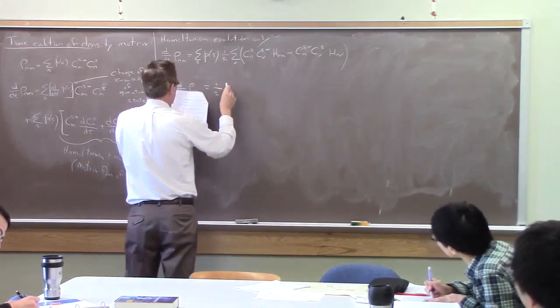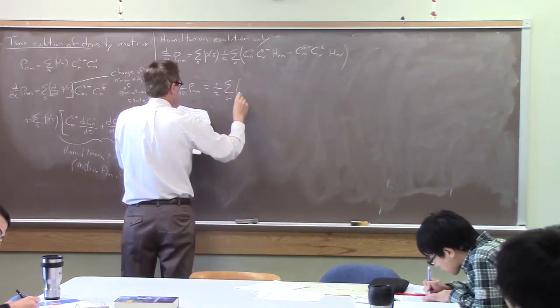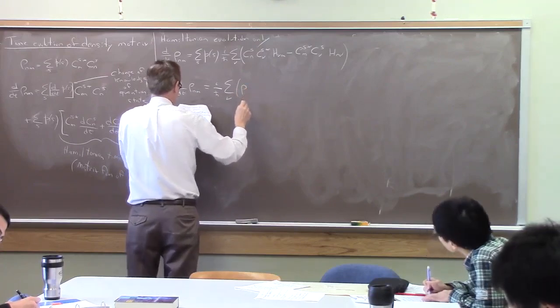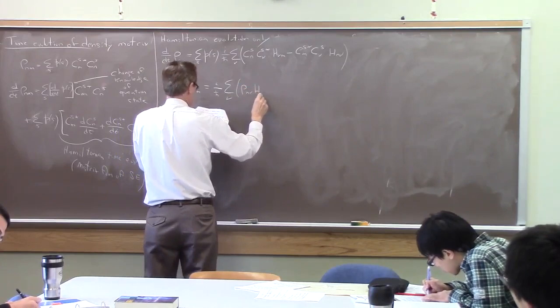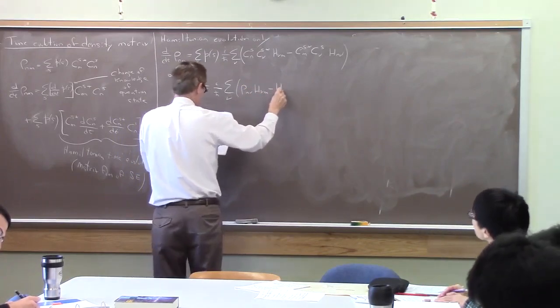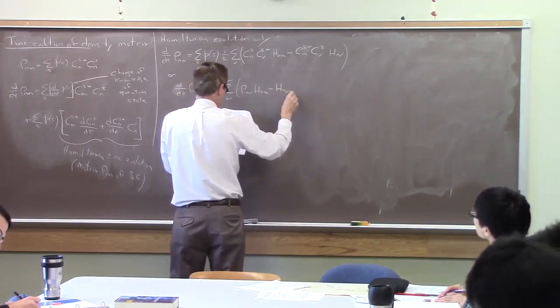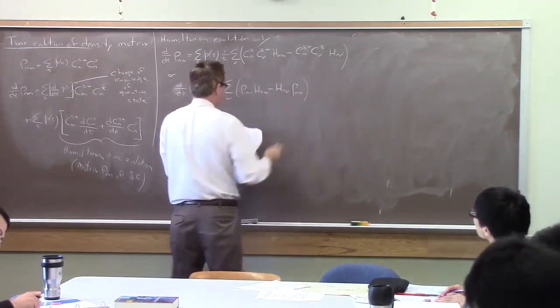So i over h bar sum over nu of rho n nu H nu m minus H n nu rho nu m.